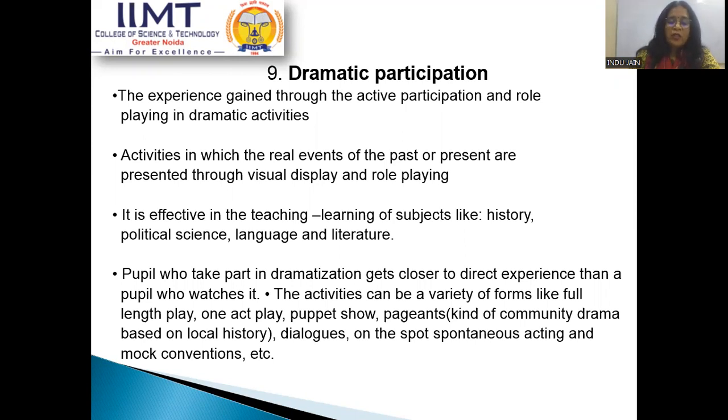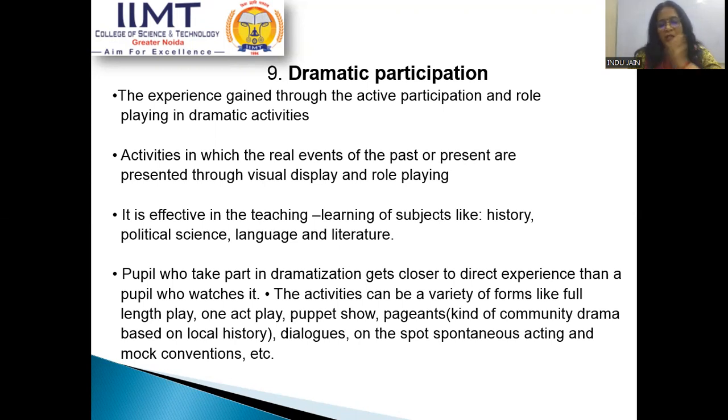If we want to fulfill our objectives of teaching, then it is very important to create interest in students by using different methods. Dramatic participation is one such method. The activities can be of a variety of forms.